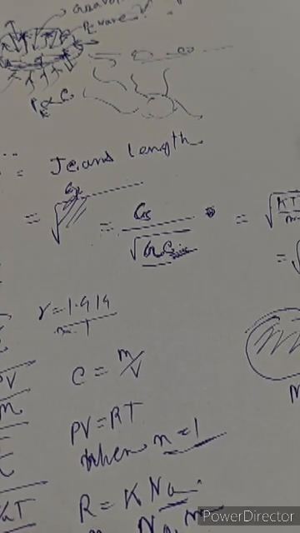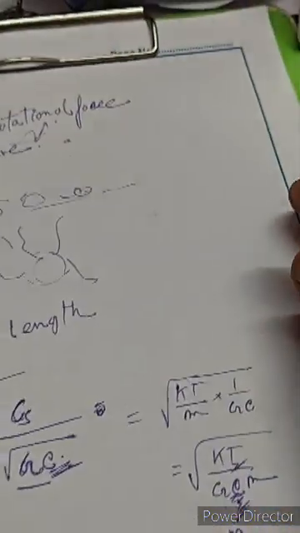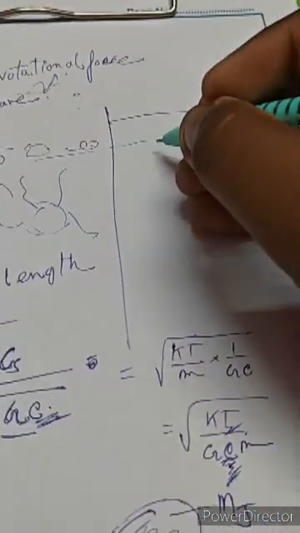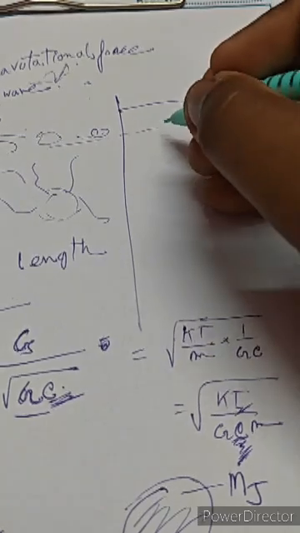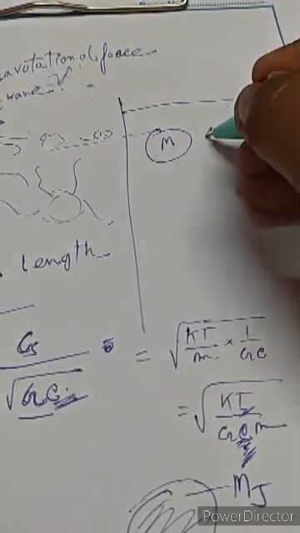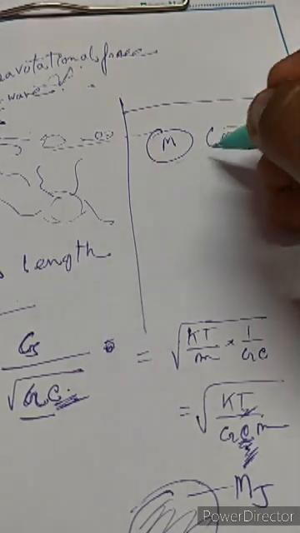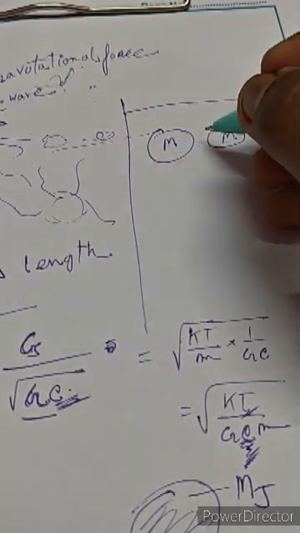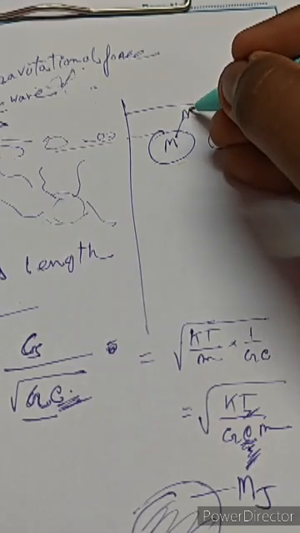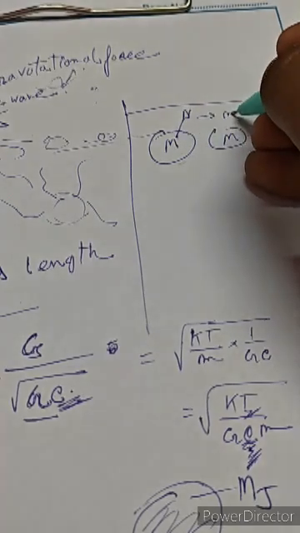And now here we take two masses, two gas clouds which have N number of m masses.